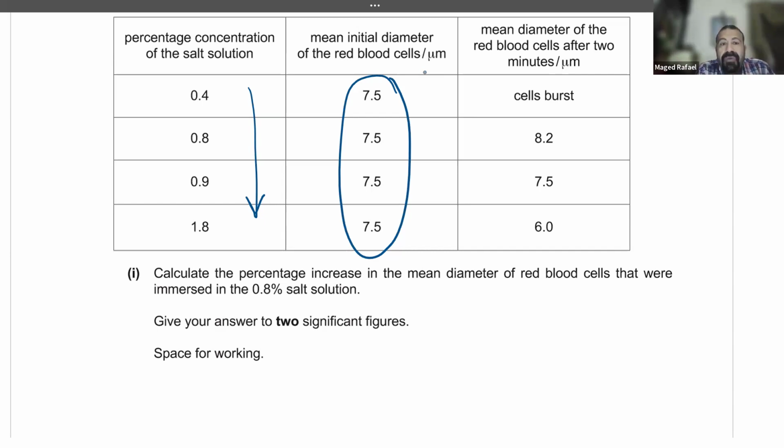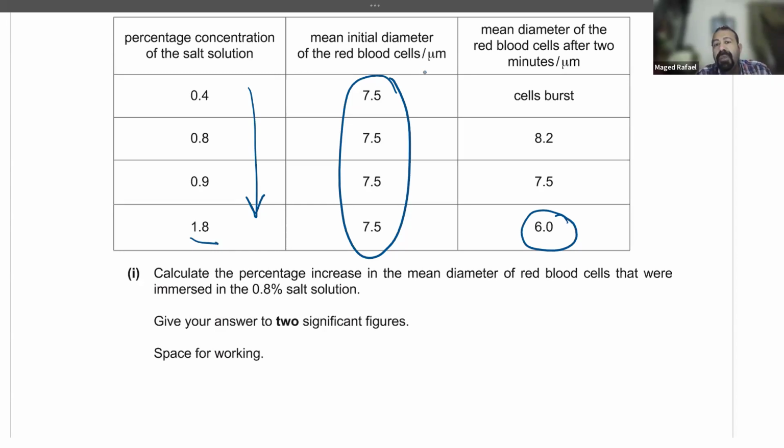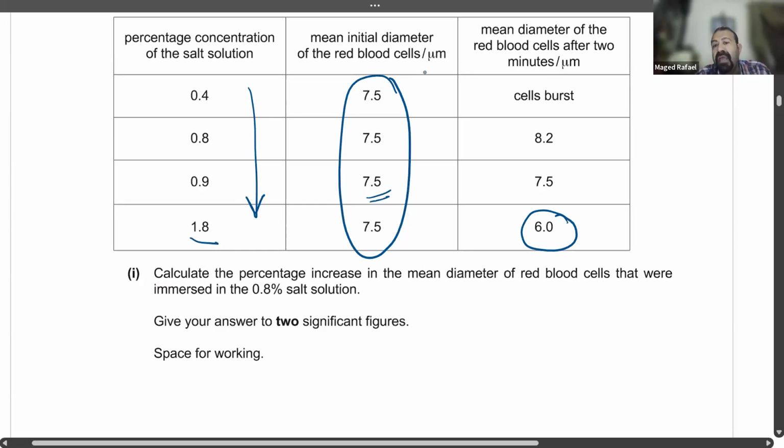However, when we start at 0.8, 0.9, 1.2, for the same period of time, we started with the mean initial diameter, and the mean diameter became less. So 7.5 became 6 at 1.8. At 0.9, it was 7.5, exactly the same.